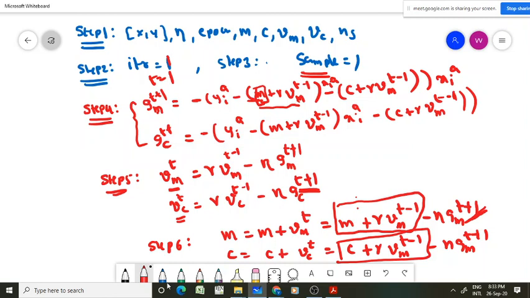Instead of taking the current model parameters M and C, we are calculating the gradient at estimated points M plus gamma Vt minus 1 and C plus gamma Vc minus 1. Hope you understand, right? So what we are doing here is calculating the gradient not at the current iteration.